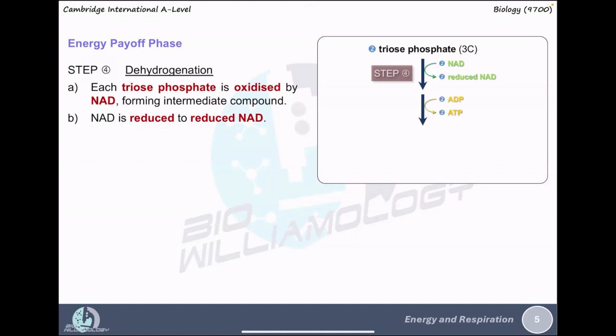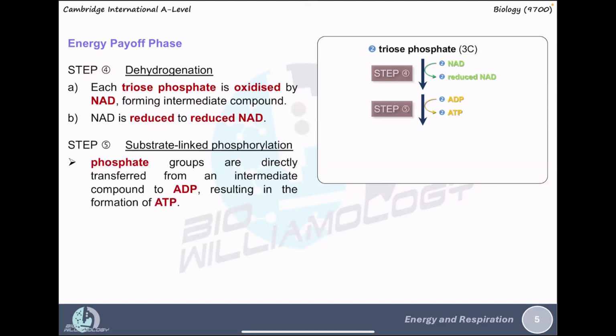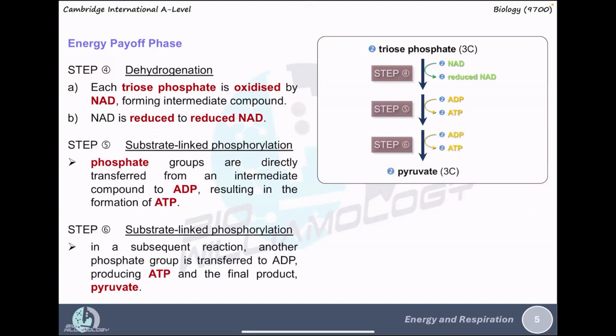After that, step number 5 and step number 6 are termed substrate-linked phosphorylation, where the phosphate group from the intermediate compound is directly transferred to ADP to form ATP.